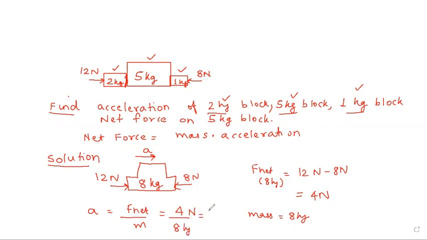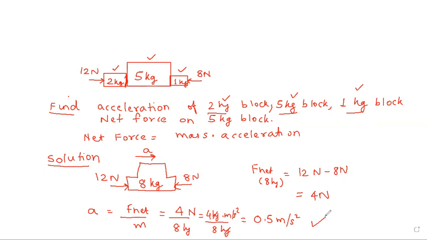Newton means kg into meter per second square, so the kgs would cancel and hence your answer would be 0.5 meter per second square, which is the acceleration of this entire block, as well as the acceleration of the 2 kg block, which is the same as the acceleration of the 5 kg block, which is the same as the acceleration of the 1 kg block. So this is the first answer.